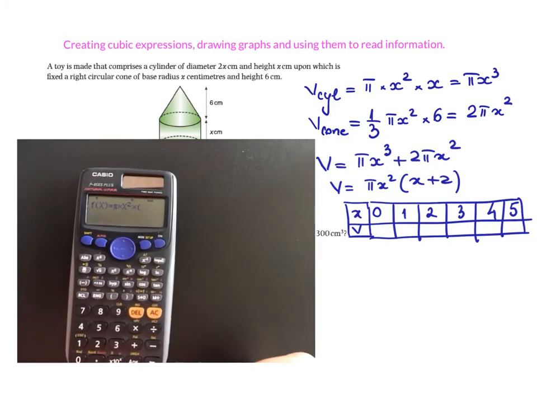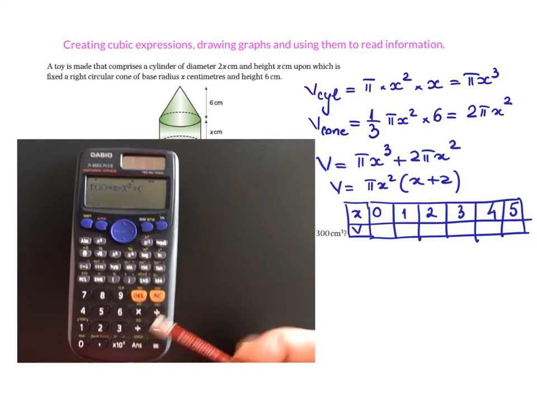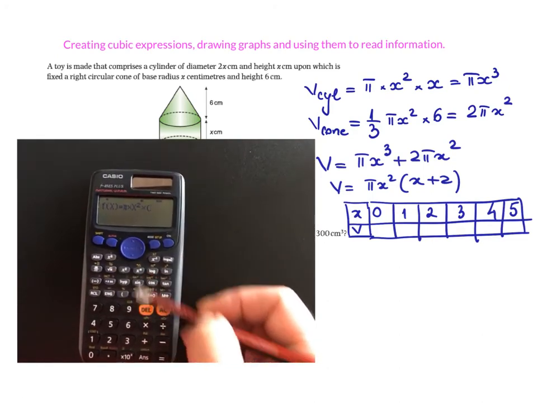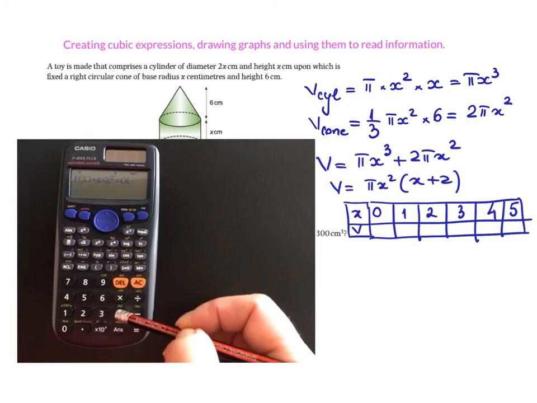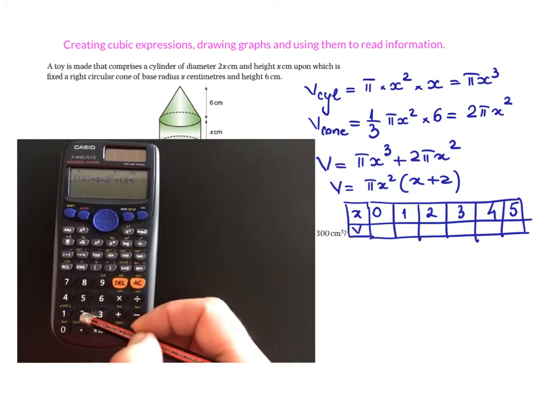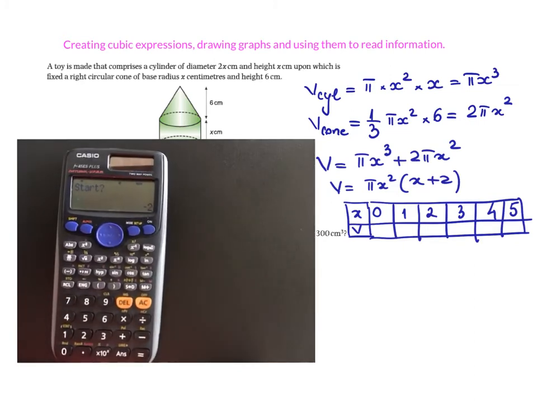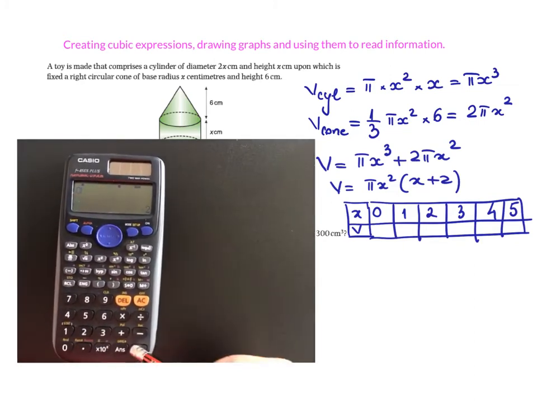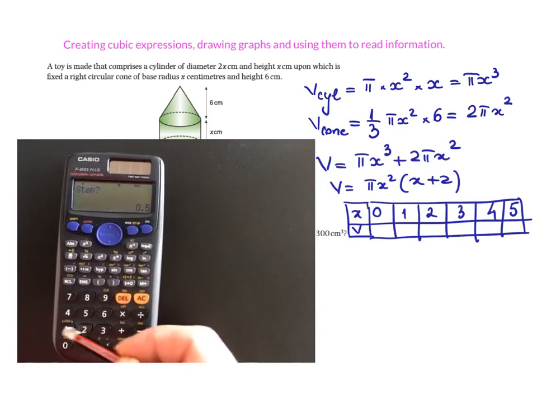I always like to put the multiplication sign there because calculators behave sometimes strangely. X plus 2. Close the bracket, enter. Start at 0, end at 5, and the step is 1.